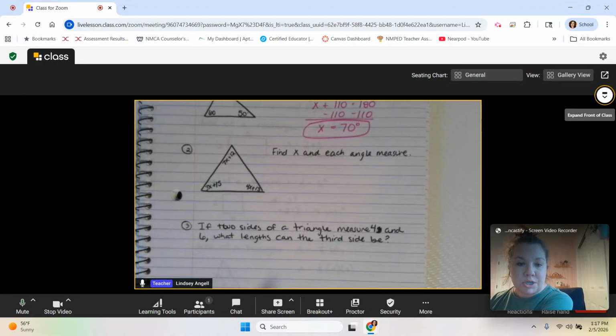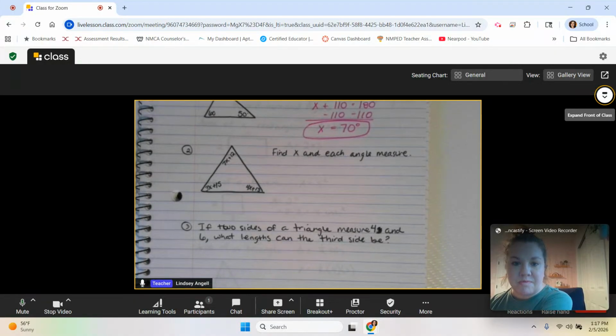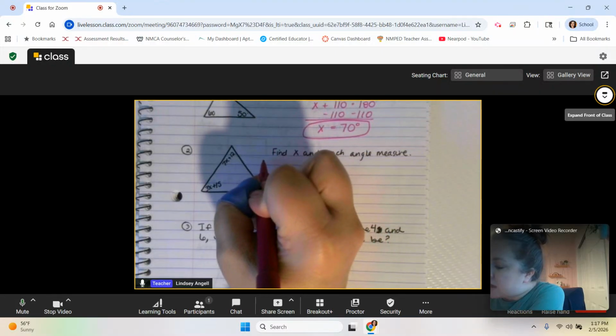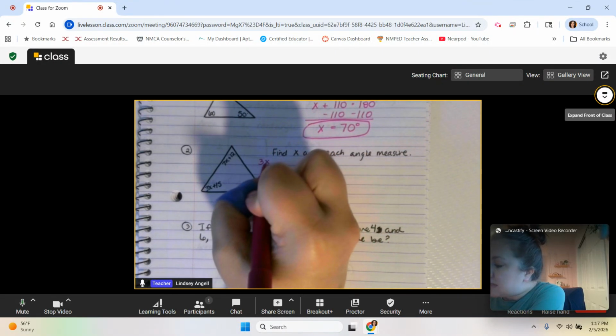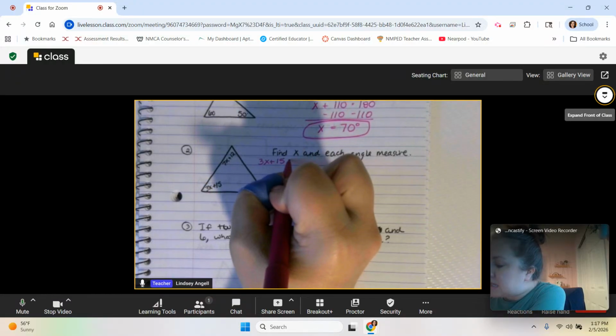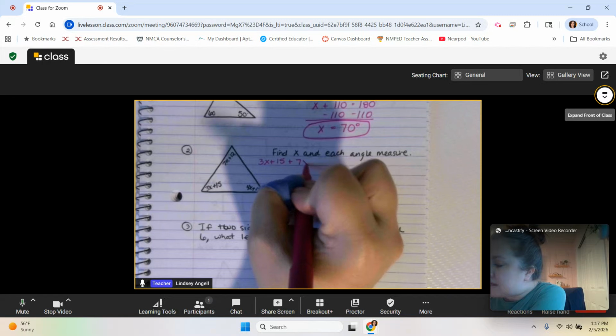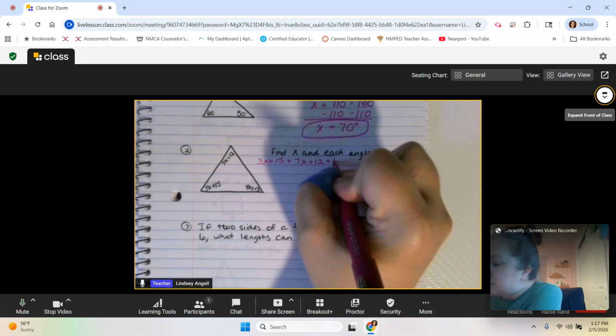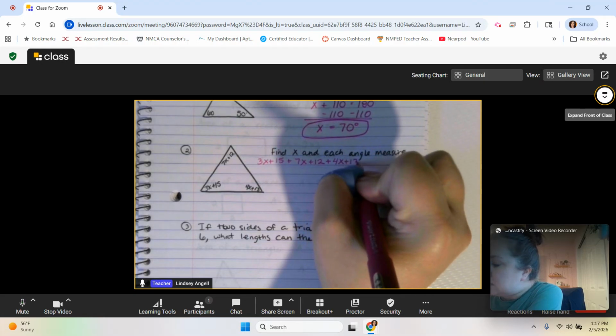Okay, with number 2, ooh, I don't know if I gave myself enough room. Find x and each angle measure. So if we're going to find x and each angle measure, let's see here. We've got 3x plus 15 plus 7x plus 12. I'm just adding everything together. Plus 4x plus 13.